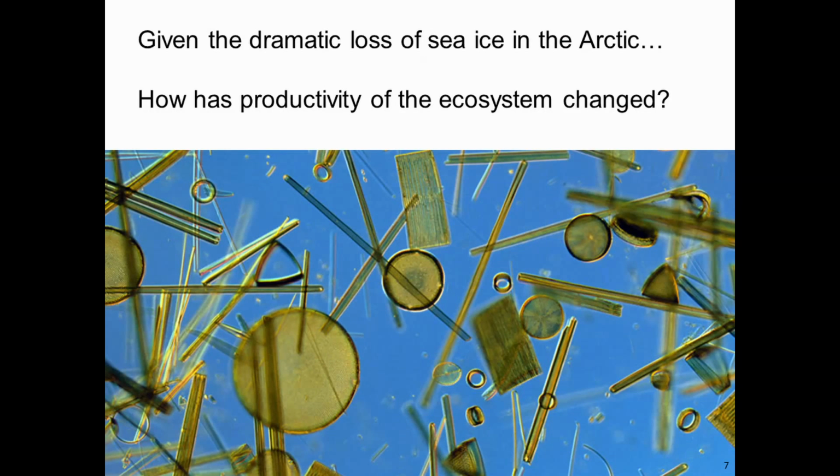They're photosynthetic, and they're important because they consume a lot of the CO2 that we produce. They produce a lot of the oxygen that we breathe, but they are the food for basically everything that lives in the Arctic. Ultimately it derives its food from these guys. So it's really important to know what's happening to plankton in the Arctic under these changing ice conditions.